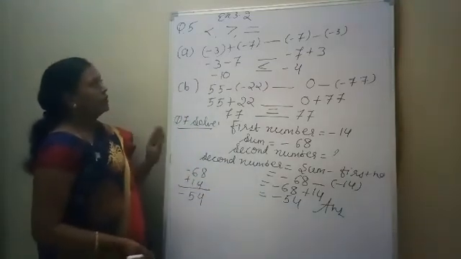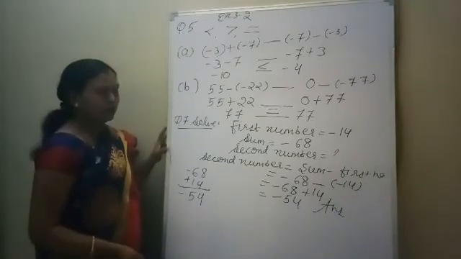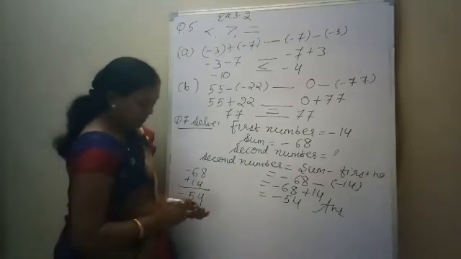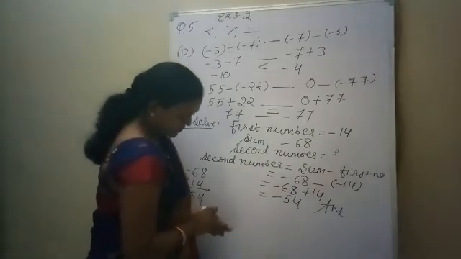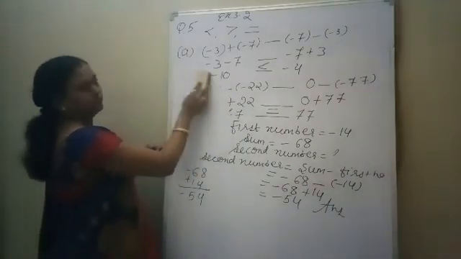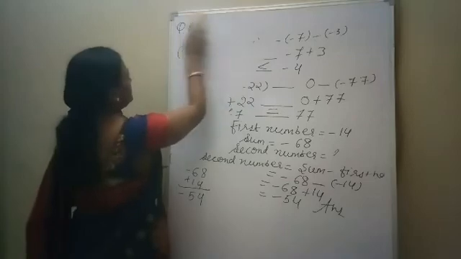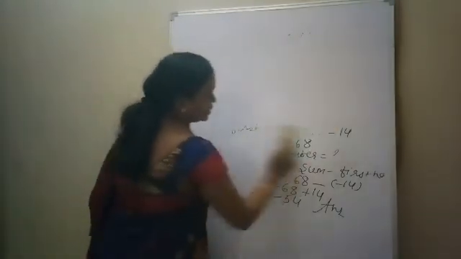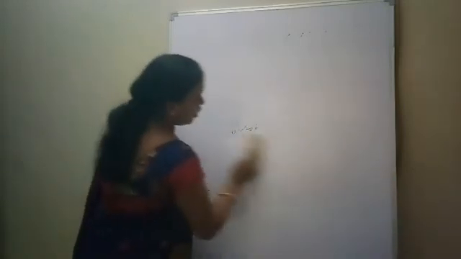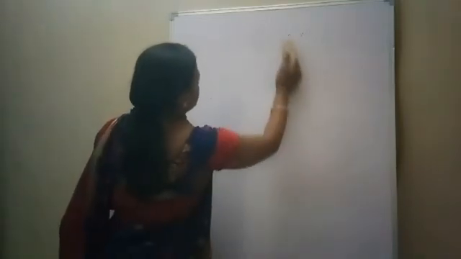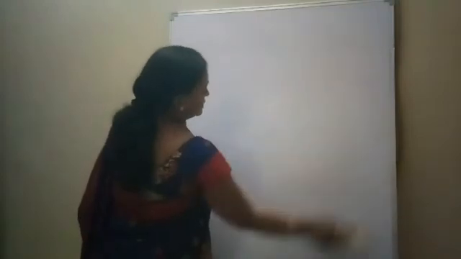I hope you understood question number 1 to question number 7. Now come to question number 8. Question number 8 is the same as question number 7. In question number 8, the sum of two integers is given, which is 68, and out of the two numbers, one number is minus 68.